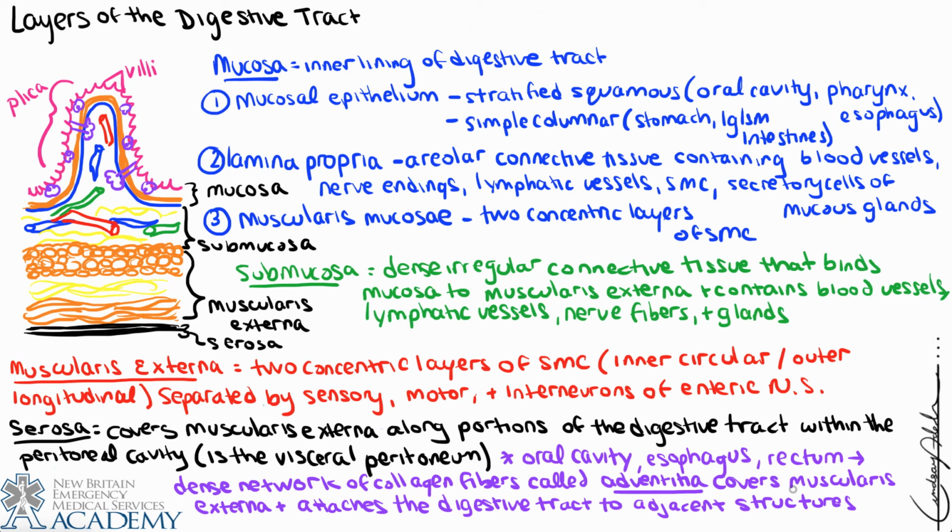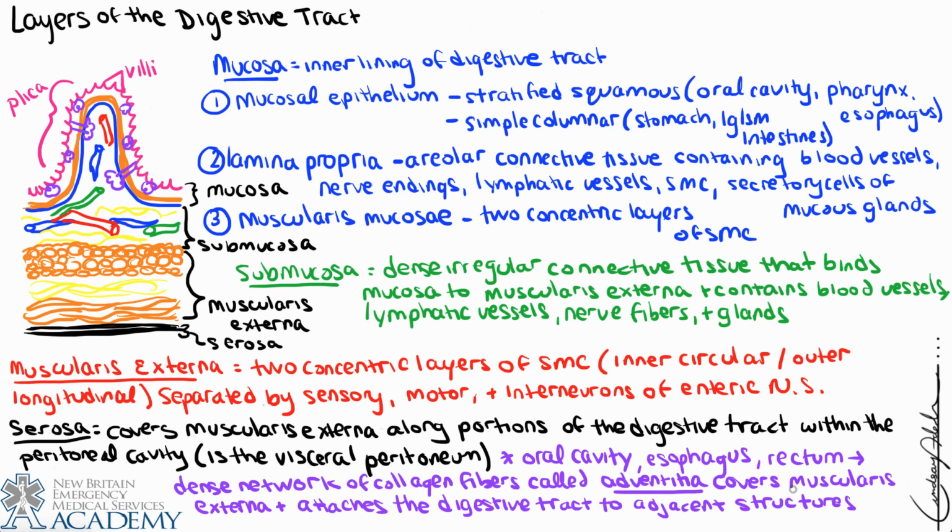The last thing I want to remind you about is that some organs, like the pancreas, portions of the small intestine such as the duodenum, and portions of the large intestine are technically retroperitoneal, meaning that they sit behind the peritoneal cavity. One thing that becomes particularly relevant when we talk about the digestive tract is that for the first time we have a body system that spans multiple cavities.